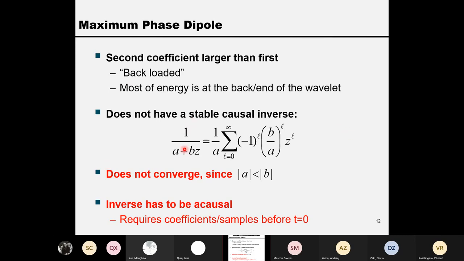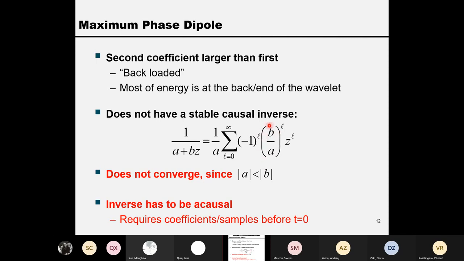For this inverse filter, 1 over A plus BZ, if we conduct the Taylor expansion, this Taylor expansion will not converge, because the absolute value of A here is smaller than B. Or B over A, this factor here is greater than 1.